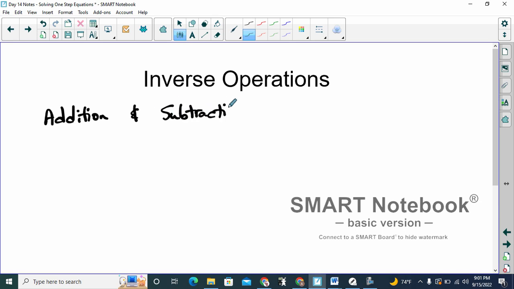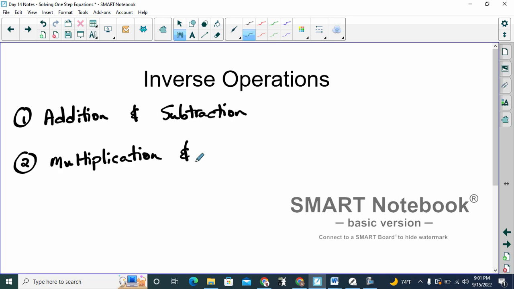There is one example of inverse operations. The other one we will use a lot, starting in the notes today, multiplication and division will undo each other. Division undoes multiplication, and vice versa. Another one we've talked about in this course, and you should be familiar with, are exponents and roots.